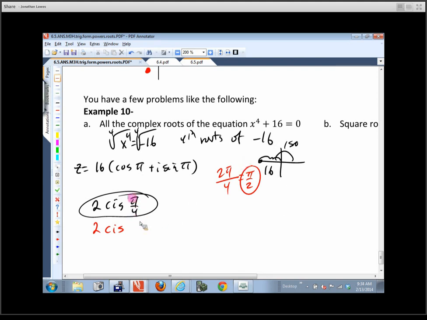So once I've got the first answer, what do I do to get the next one? Add pi halves. What do you get? 3 pi fourths. 2 cis. What's the next one? 5 pi fourths. And the last one?